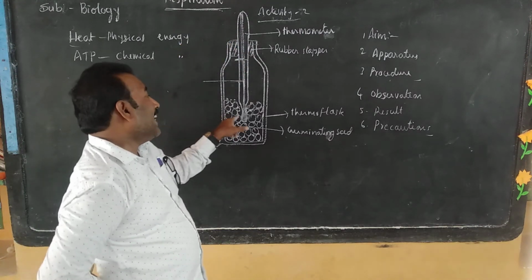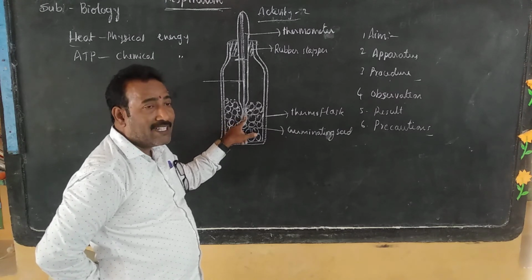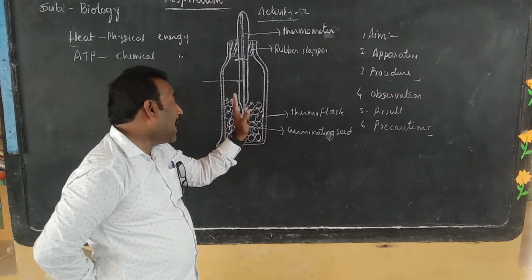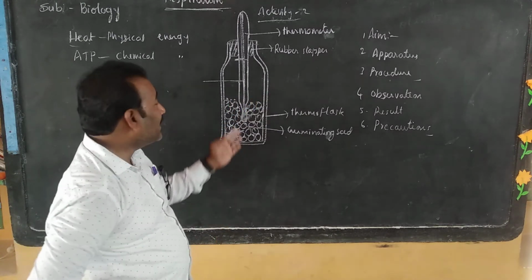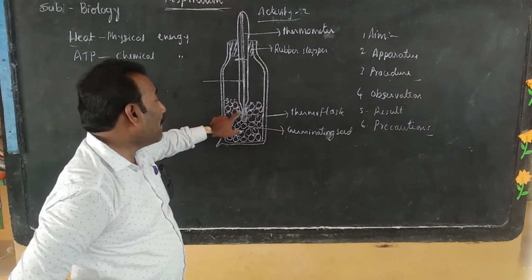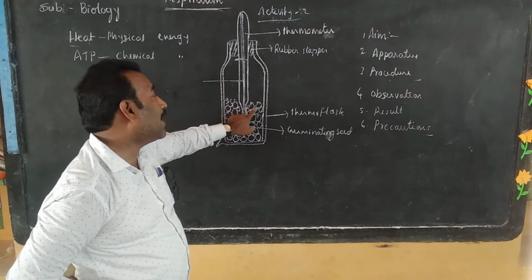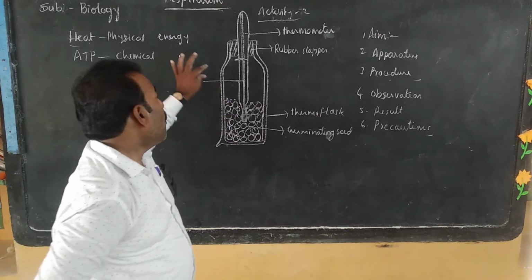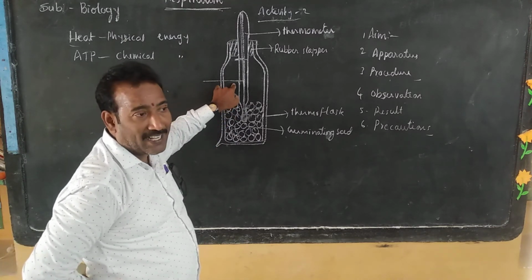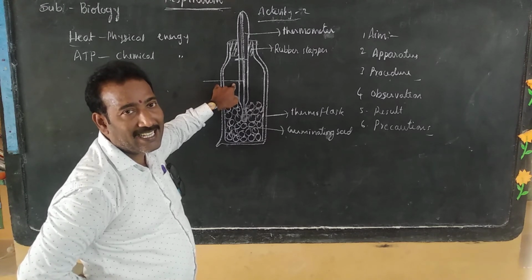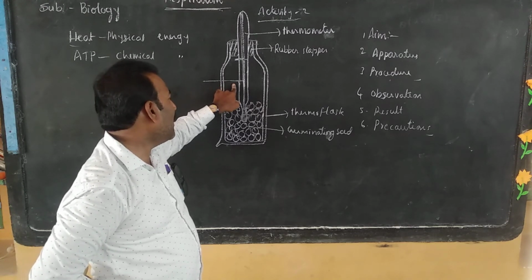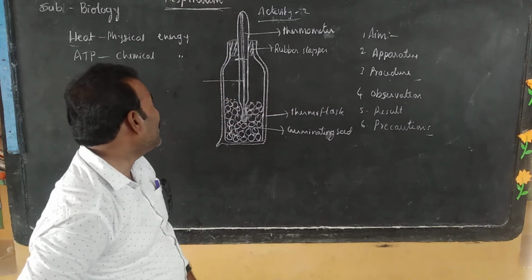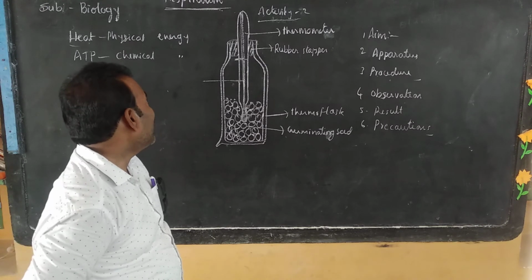Second precaution, the bulb of the thermometer must be mixed among the germinating seeds, means the bulb of the thermometer must be covered by the germinating seeds. Next, we should note the initial temperature. All these are the precautions to understand that heat is released during the process of respiration.